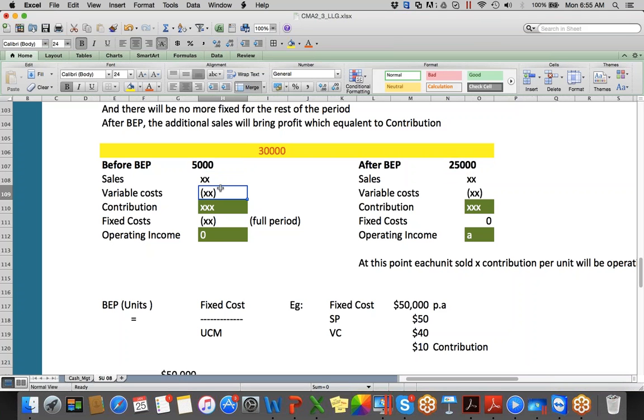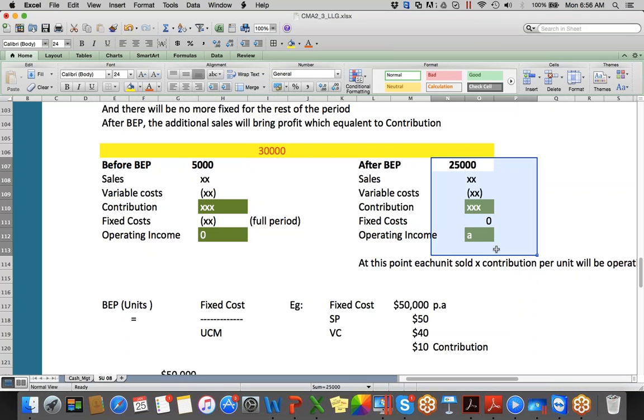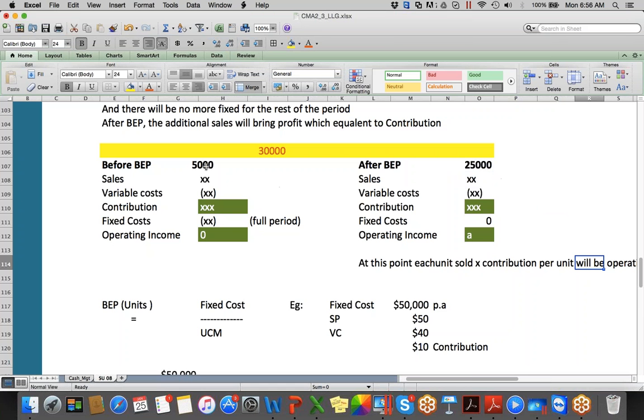From 5,000 units you are not getting any profit, but 5,001 units onwards you are getting profit. You are entering into the profit area. So there will be a profit when you sell any unit over and above 5,000 units. Clear? Any unit which you sell over and above 5,000 units will fetch profit.